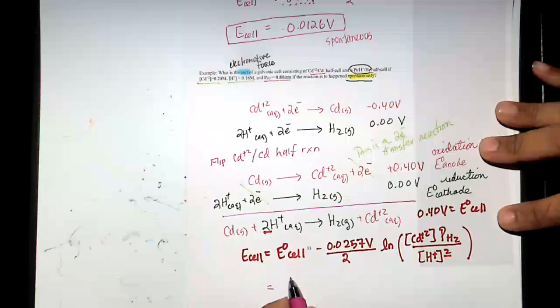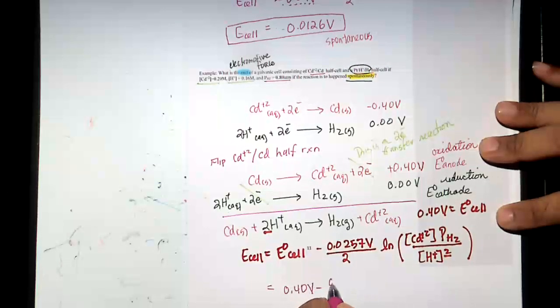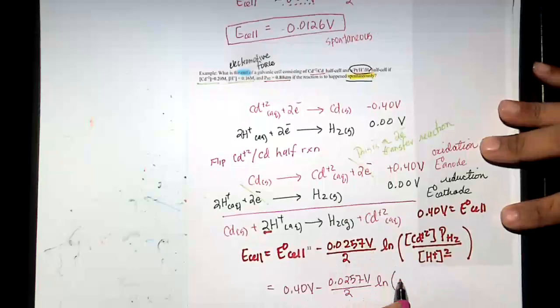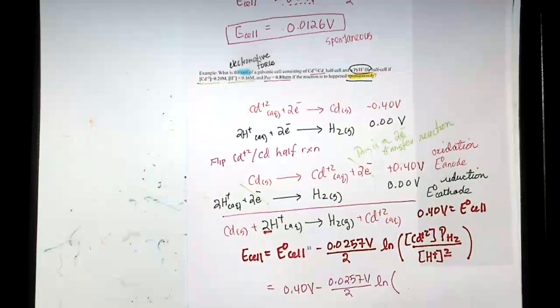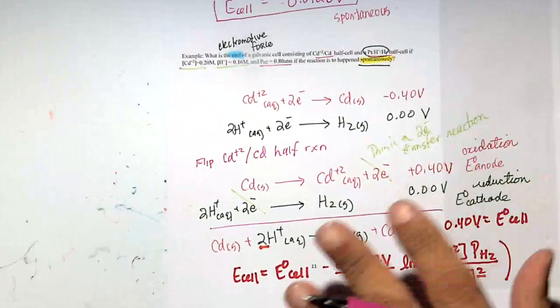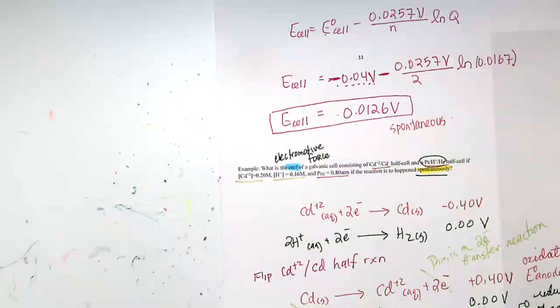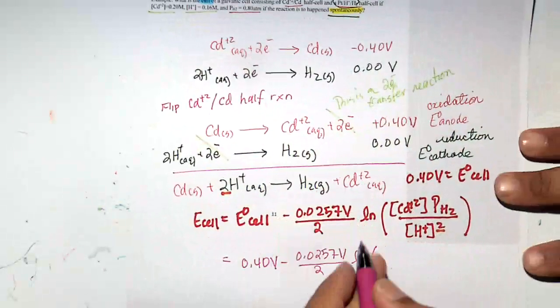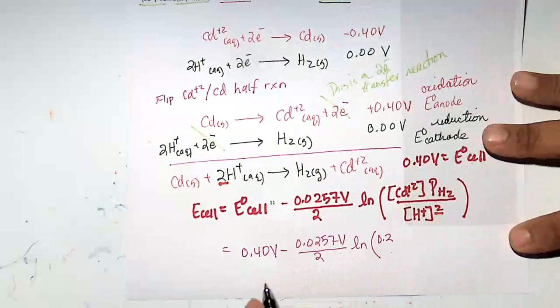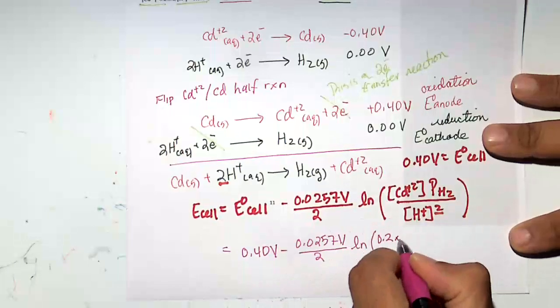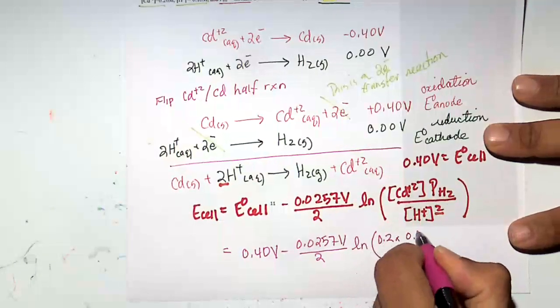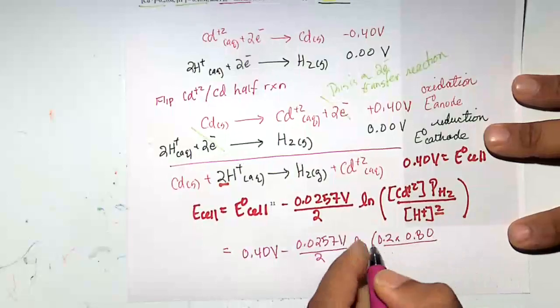Alright, let's plug in here. We just calculated E cell. That is 0.40 volts minus 0.0257 volts divided by 2, natural log. What's the cadmium ion concentration? 0.2, everyone see that? What's the pressure of hydrogen? 0.8.